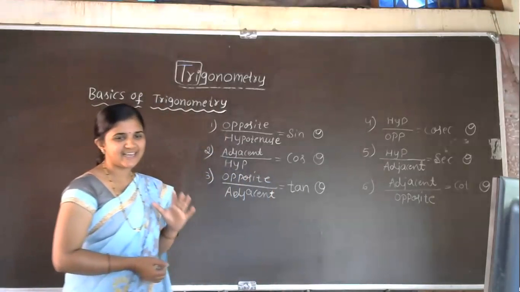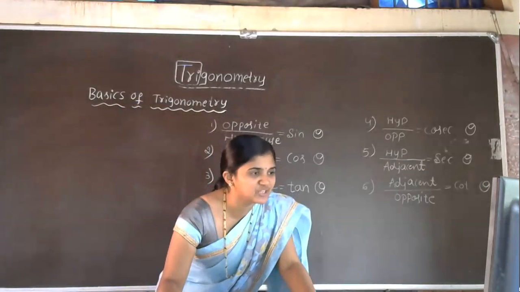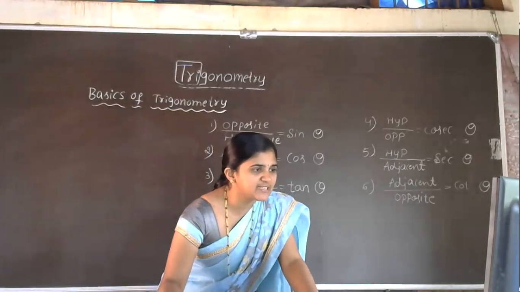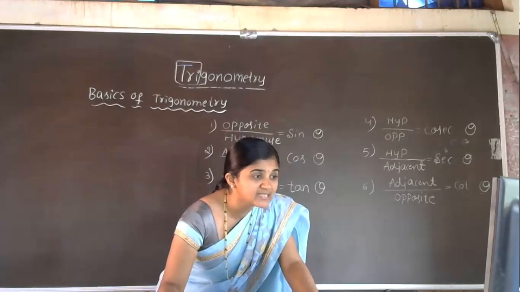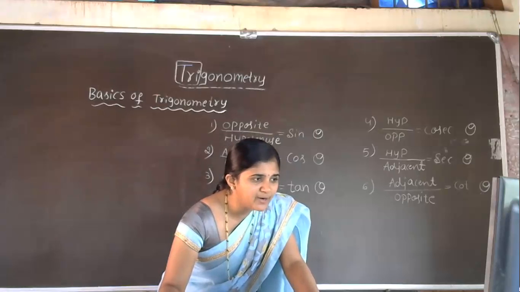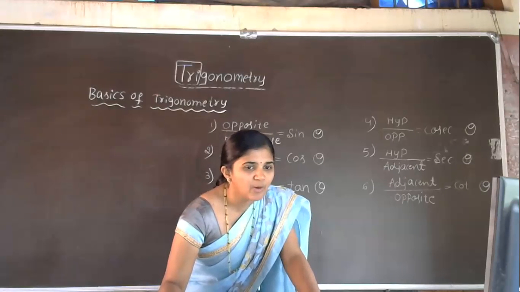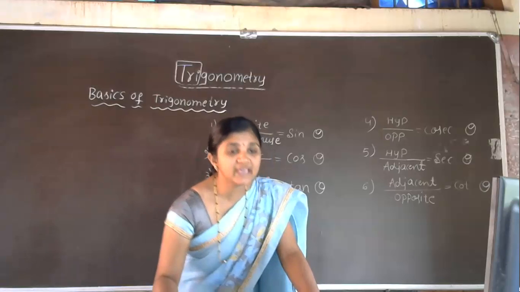So here, you just observe the picture. Opposite by hypotenuse, adjacent by hypotenuse. Very next, for tan theta, we got opposite by adjacent. How did we get this opposite by adjacent? Using these two. Can we find out tan theta using these two? Yes, of course. We can write.